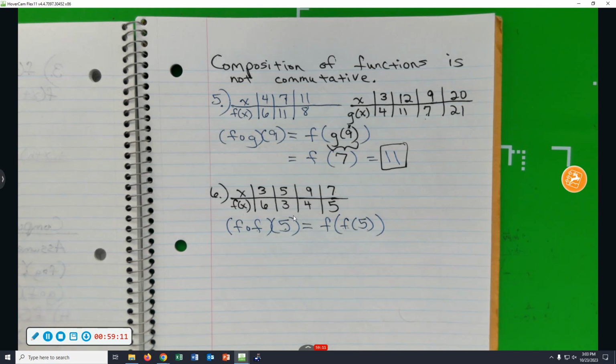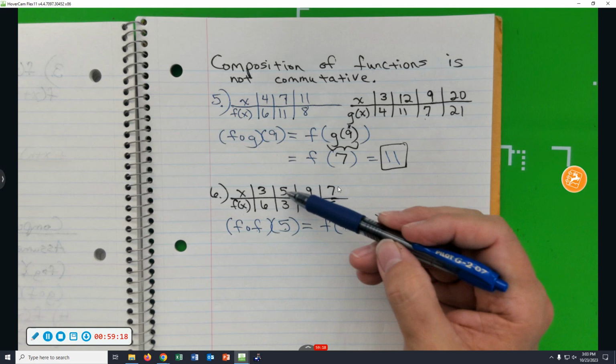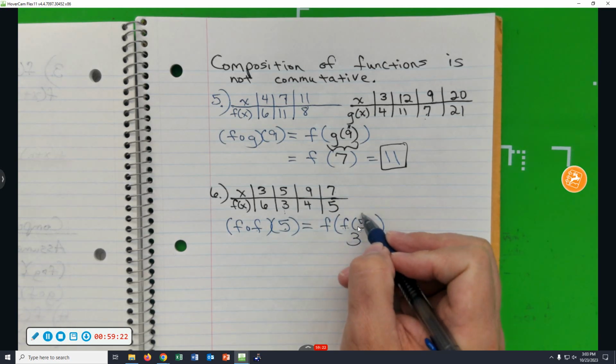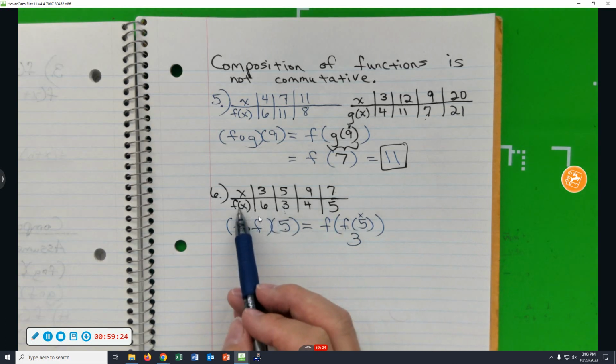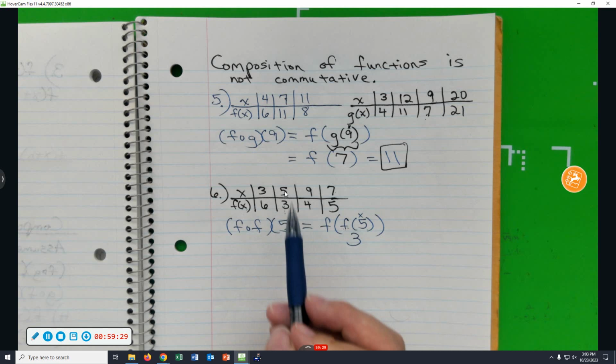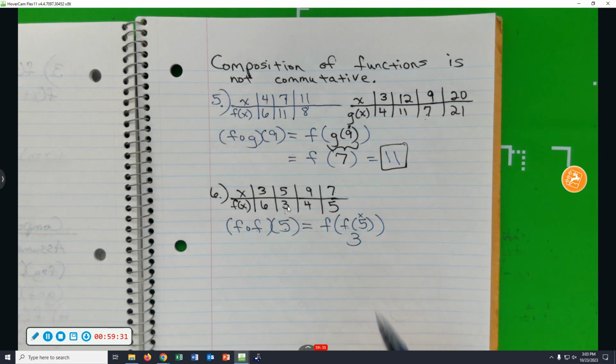I see two different 5s in the table. Is it a 3 or a 7? It's a 3. Remember that number is acting like x. You don't go to where the f of x is 5. You go to the x value of 5. It's assigned to 3.